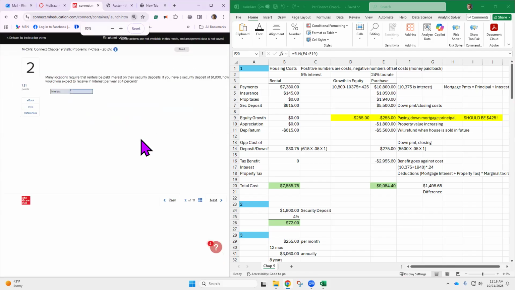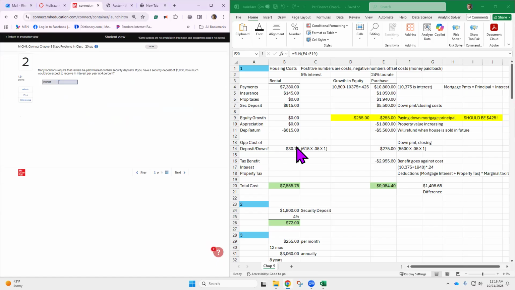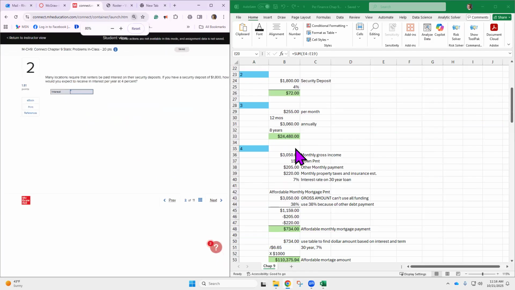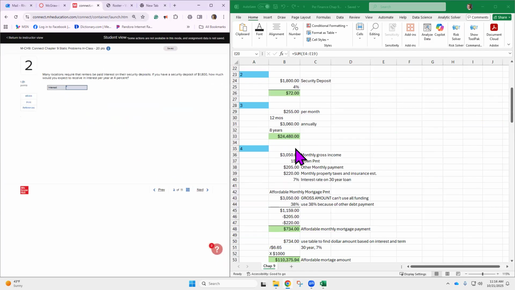Okay, some locations require that renters be paid interest on their deposit. I told you that a landlord requires a deposit so that if something bad happens to the property, there's money there to help recoup the cost if you damage something. So if we were in a state that required landlords to pay interest on the deposit, if you had an $1,800 deposit, you would actually earn 4%.